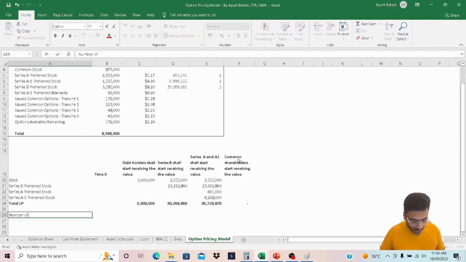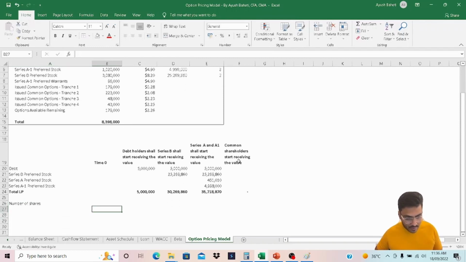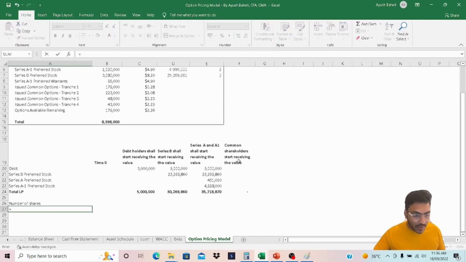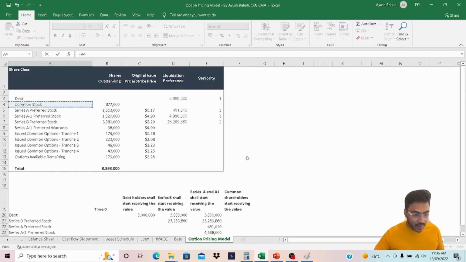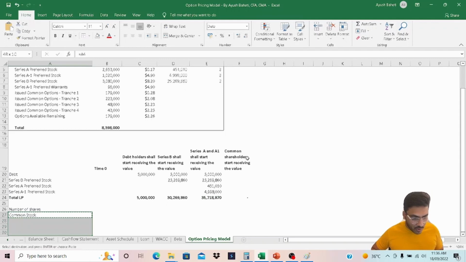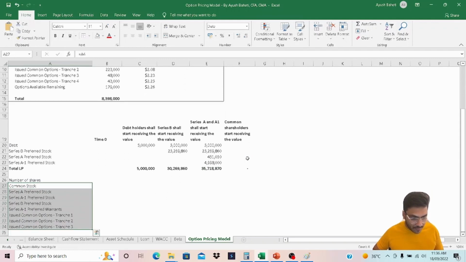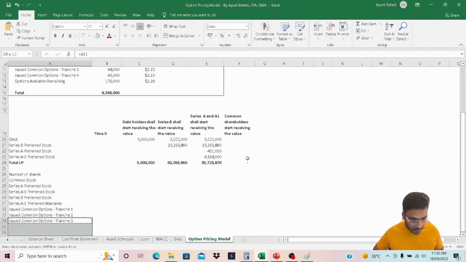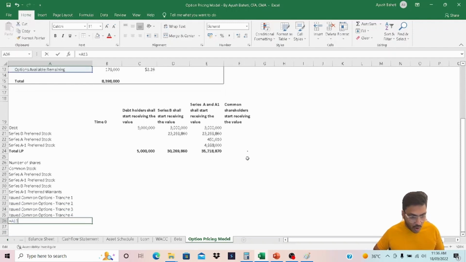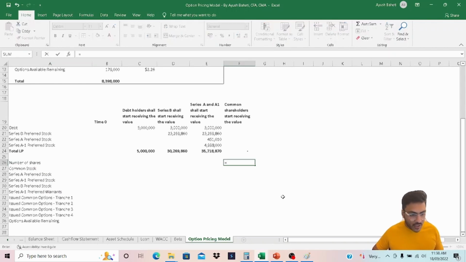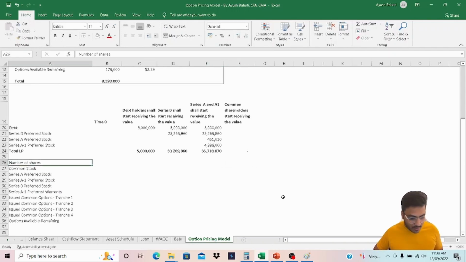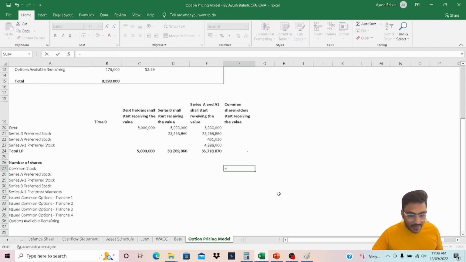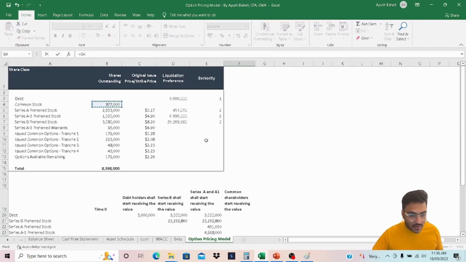So I'll call it number of shares, and we have ranging from common stock to the option available remaining. So now at this stage, what is happening is that common shareholders are starting to participate in the value of company. So I will link the number of shares, which is this.